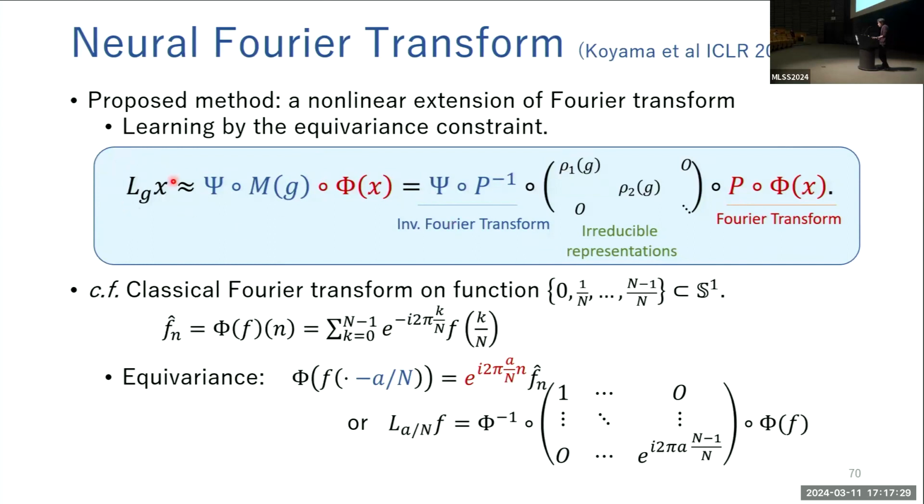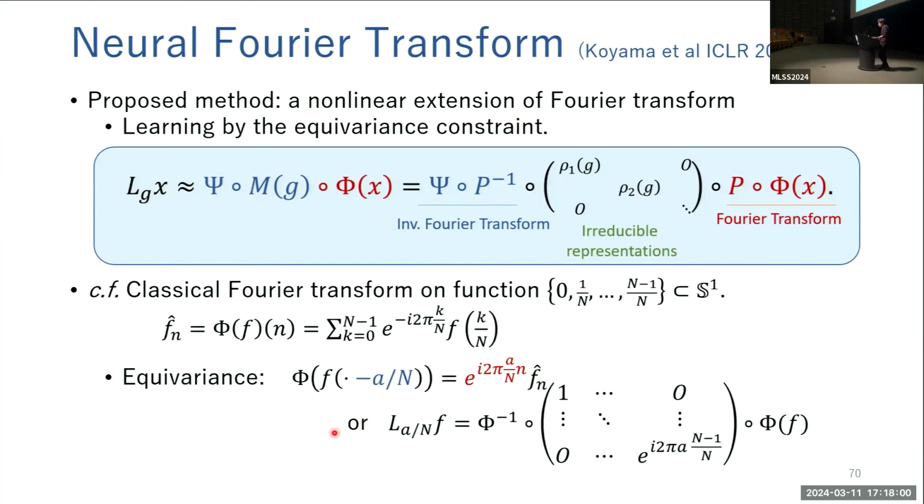If we consider the shifted data, plug in the encoder, apply this matrix consisting of irreducible representations, and apply the decoder, that gives the original signal. That is what we have achieved in the previous method.